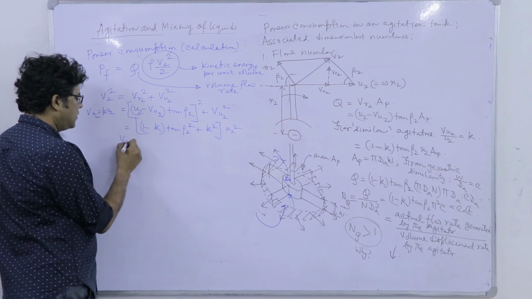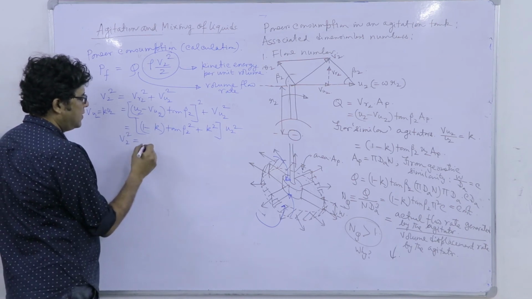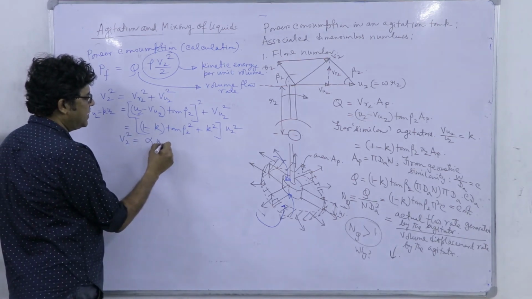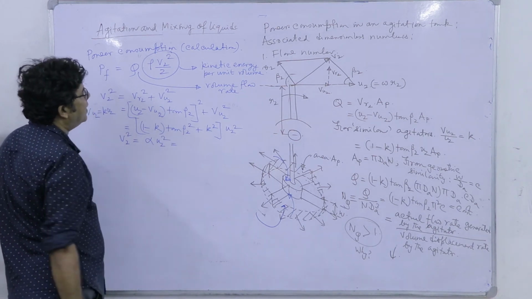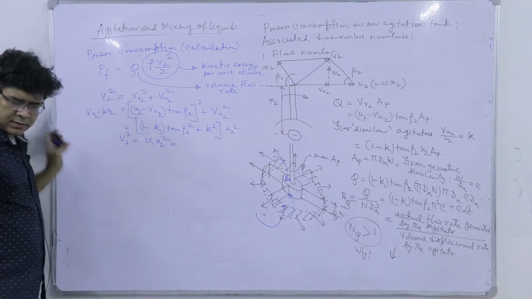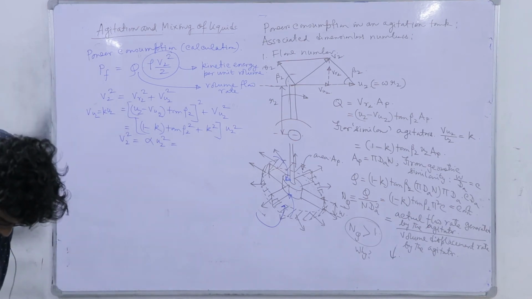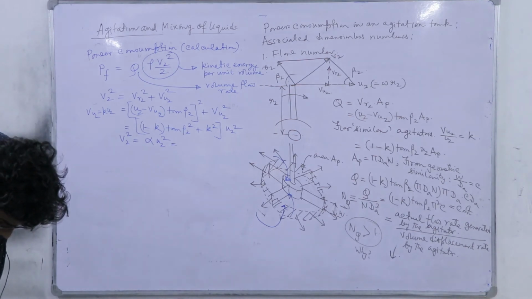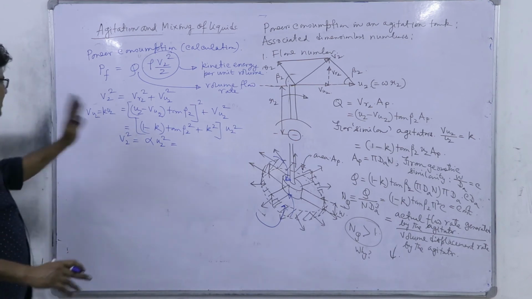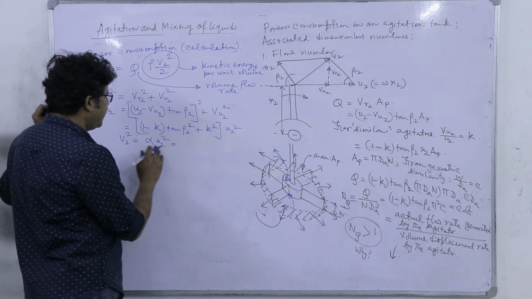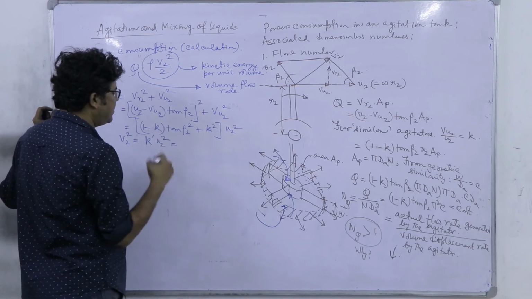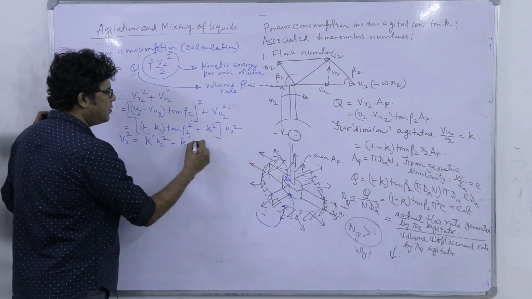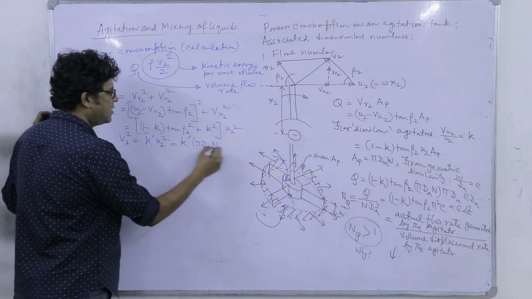Right. So V2 square is equal to, we can write, alpha into U2 square. Right. So this alpha, what I have written, is basically a constant, right? Or let's call it K prime. So K prime into U2 square.